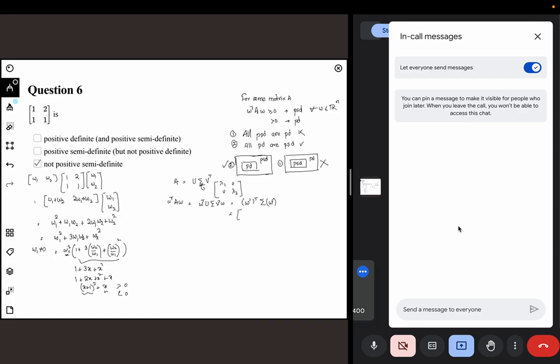So if you expand, this will be W1 W2, this will be lambda 1. So what would this give me?